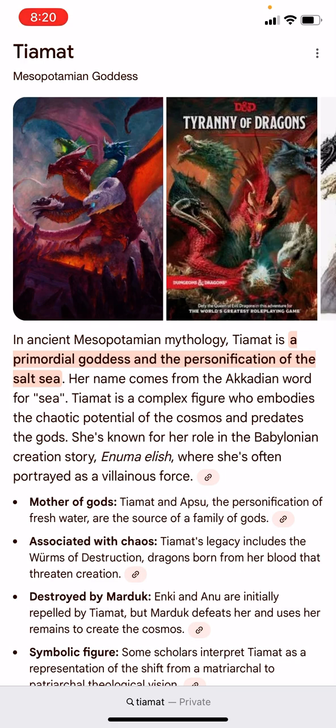It says her name comes from the Akkadian word for sea. Tiamat is a complex figure who embodies the chaotic potential. Remember that. Chaotic potential of the cosmos and predates the gods. She's known for her role in the Babylonian creation story, Enuma Elish, where she's often portrayed as a villainous force. So she's a villain.